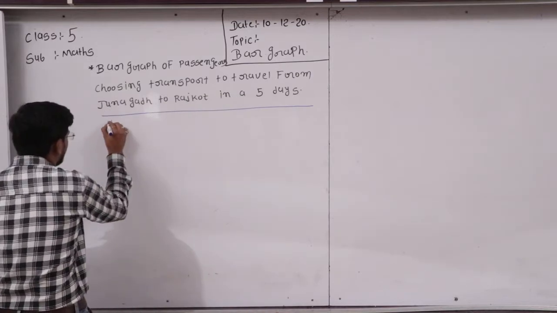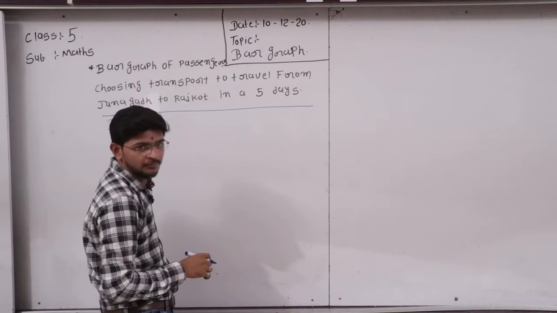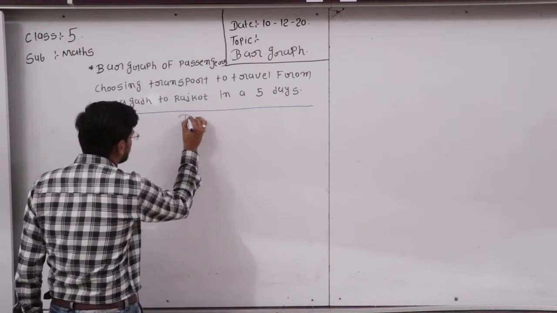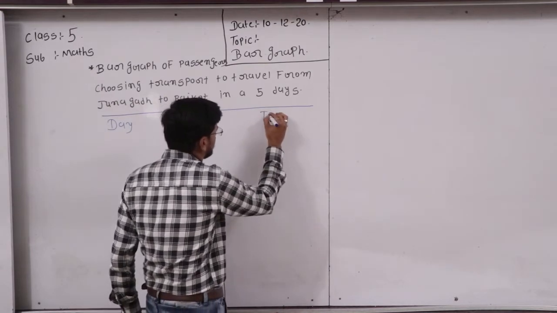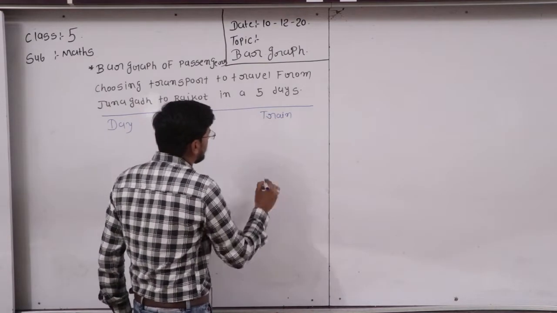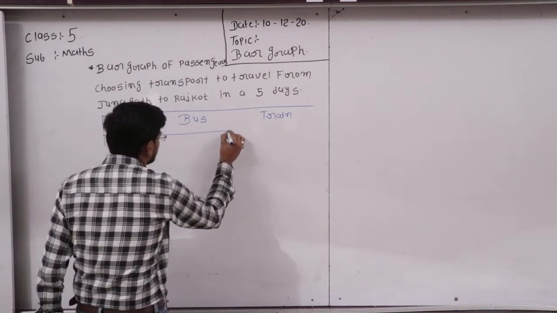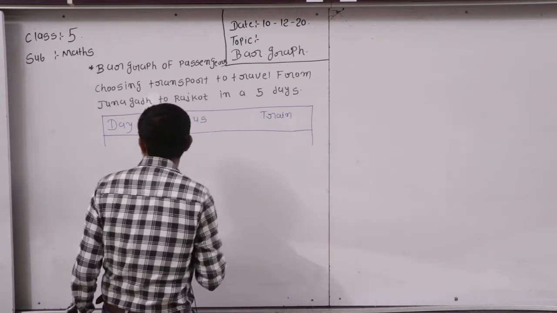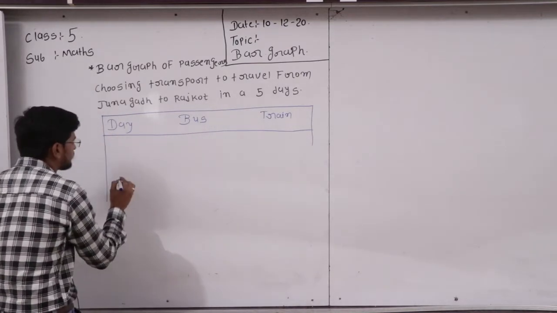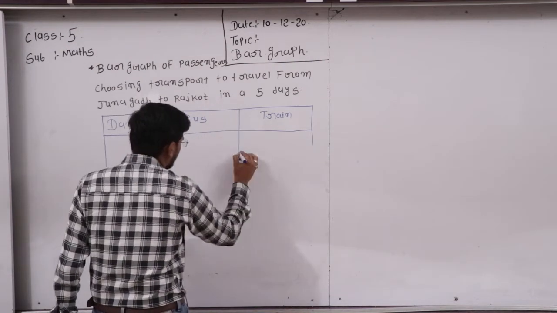First column is for day, second column is for bus, and third column is for train.